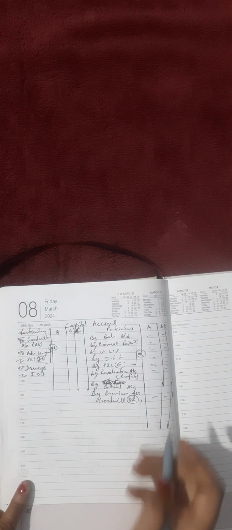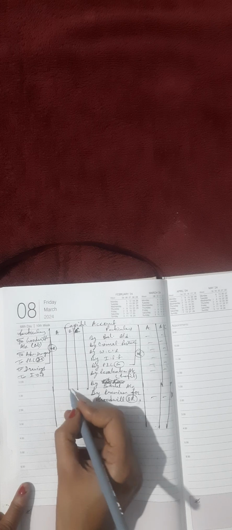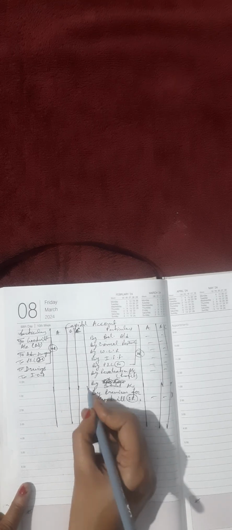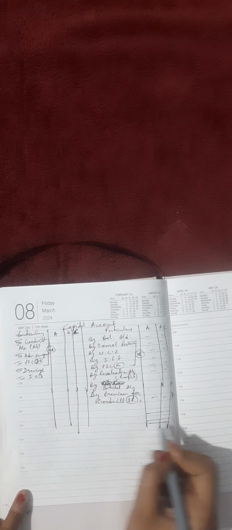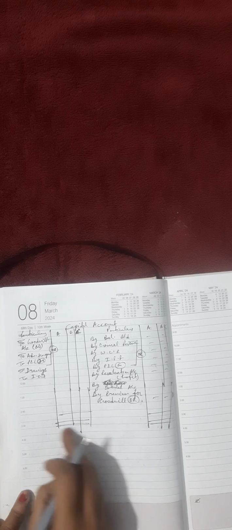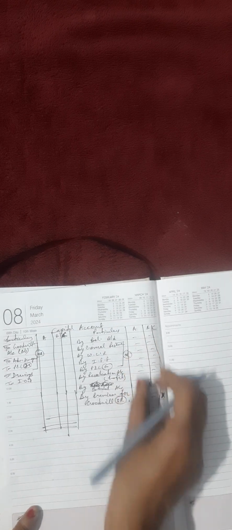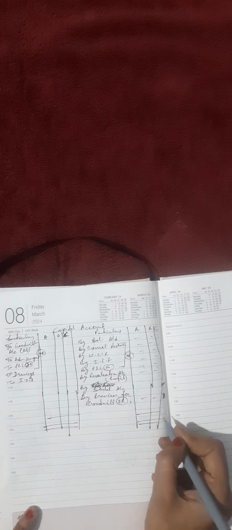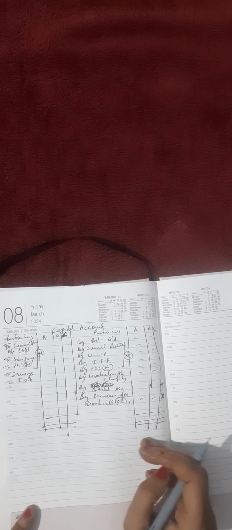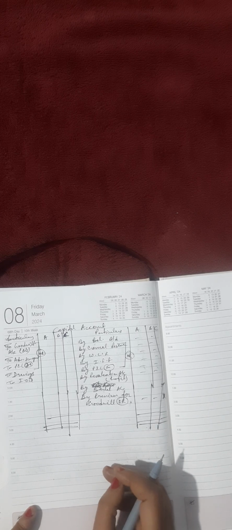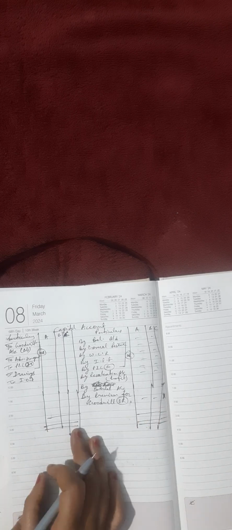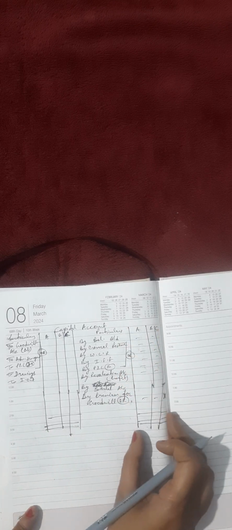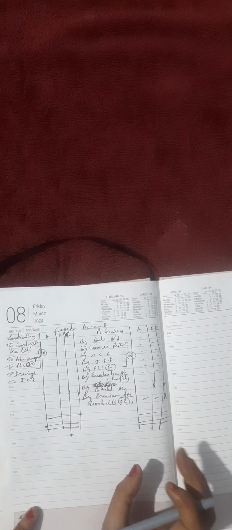Okay, after writing all these, totaling will be done, and the totals will be equal, whichever side is more. In capital account generally you will have the credit side more. Nowadays debit balances are rarely given. In our time, many a time some partners had debit balances also, but nowadays you get mostly credit balances.